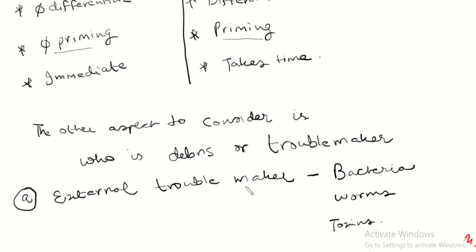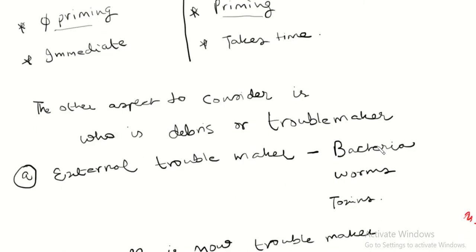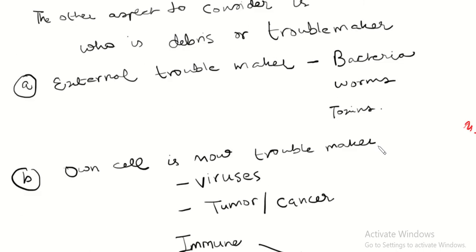So the next thing to consider is, who are these troublemakers? What's the debris? One can divide this into two parts. The external troublemakers: bacteria, parasites, fungi, toxins, foreign molecules. These are all things that stay outside the cell.